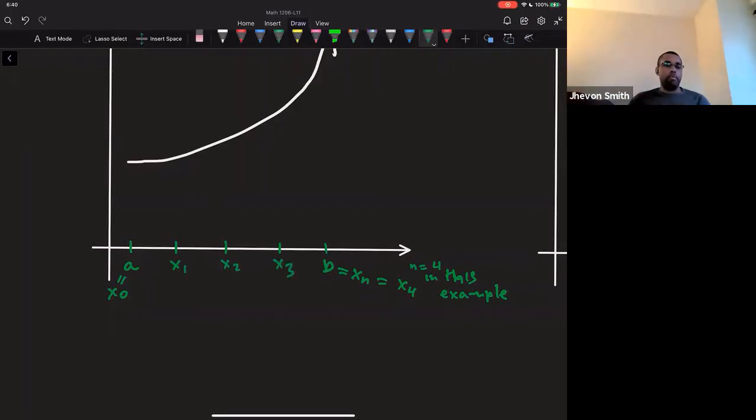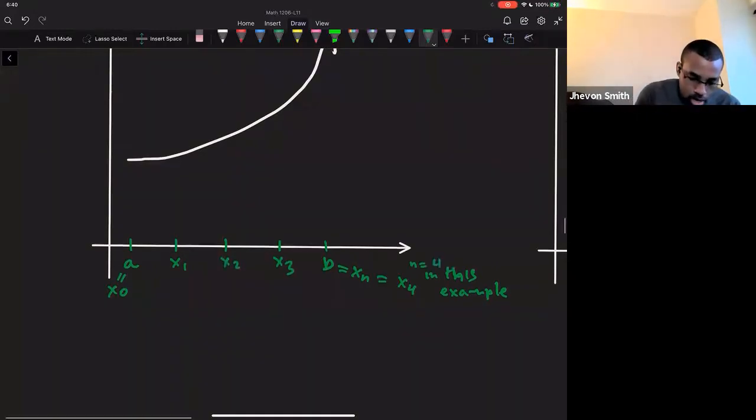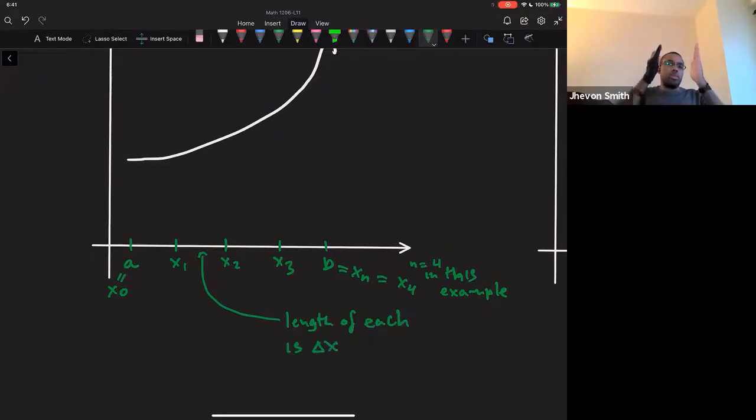So I cut them up into like that. And the length of each is delta x, right? So the distance between x0 and x1 is delta x, distance between x1 and x2 is delta x, distance between x2 and x3 is delta x, etc., right?